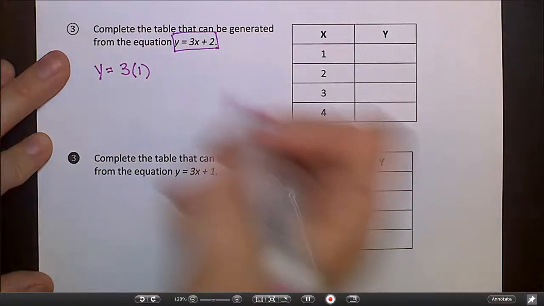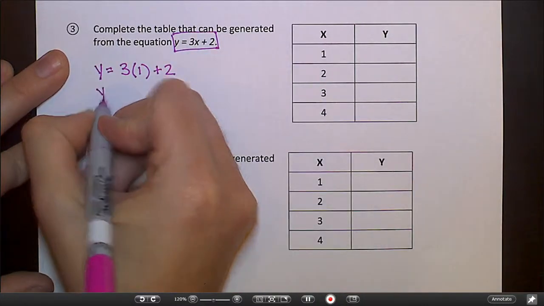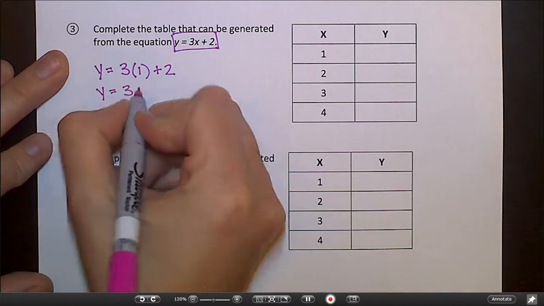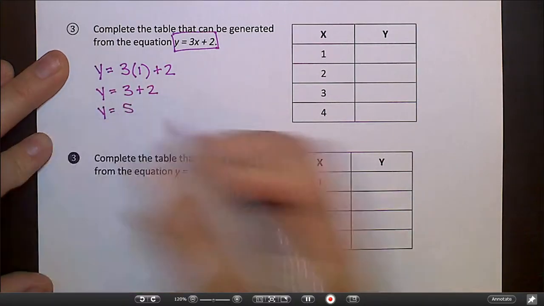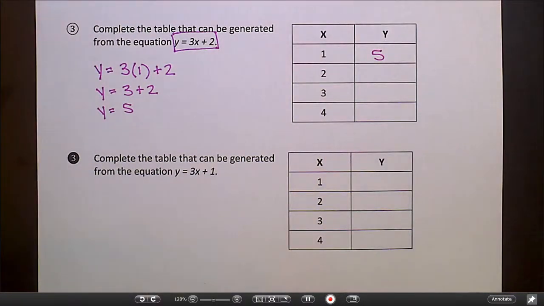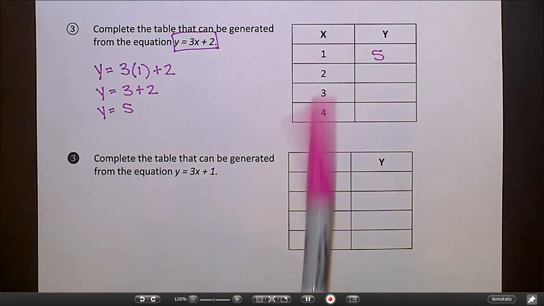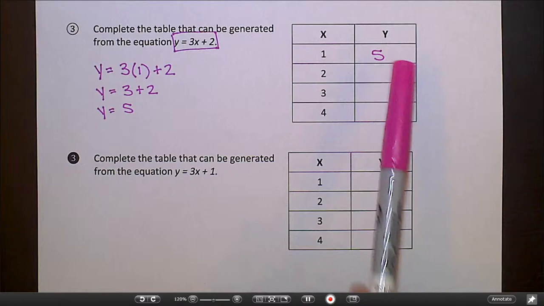So y equals 3 times 1 plus 2. And so y equals, that's 3 plus 2. So y equals 5. So that means 5 is going to come over here. That's my y value. So when I plug in x, I end up getting y equals 5.